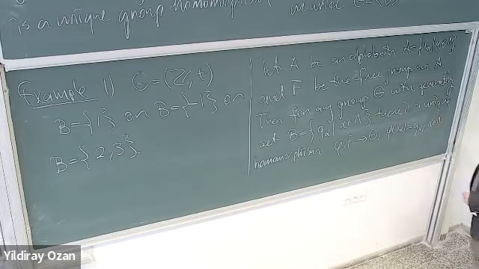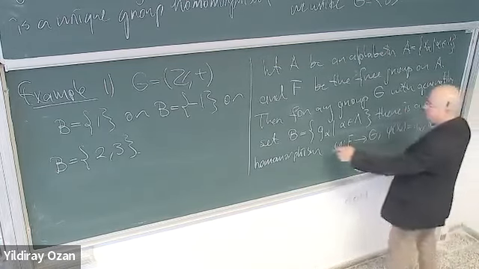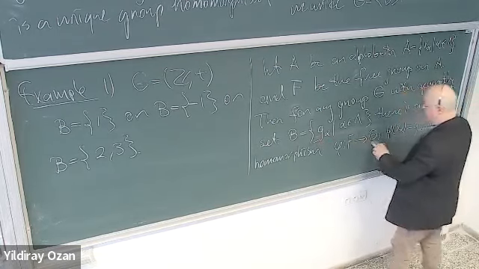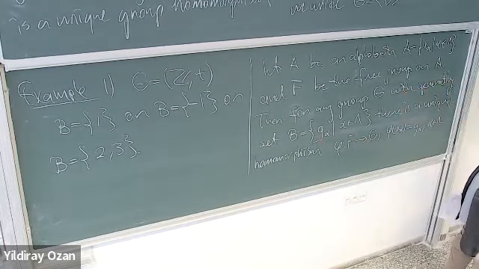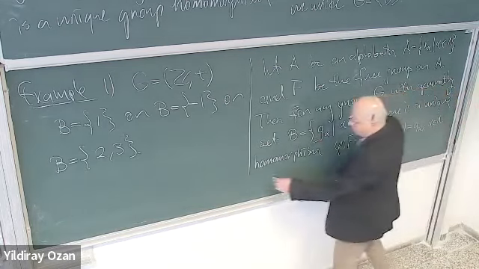Well, since this is a generating set for the group, this map is onto. Okay.